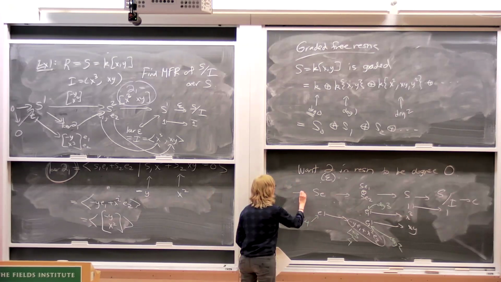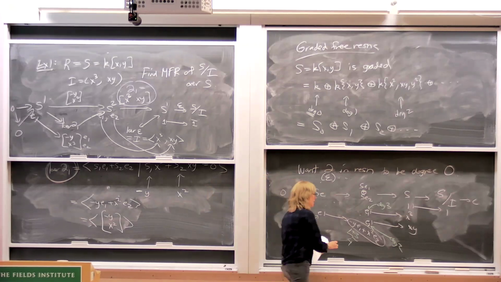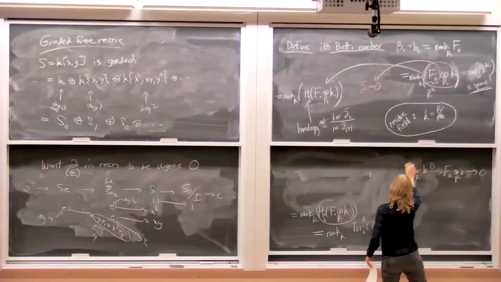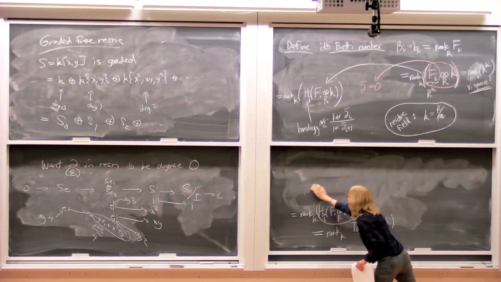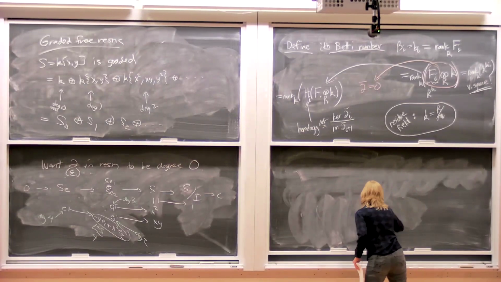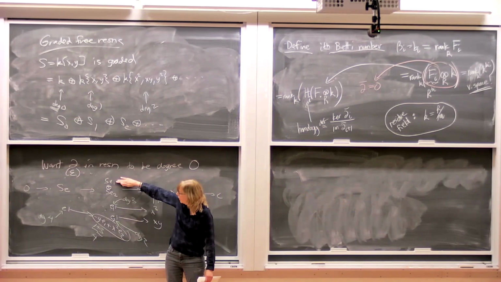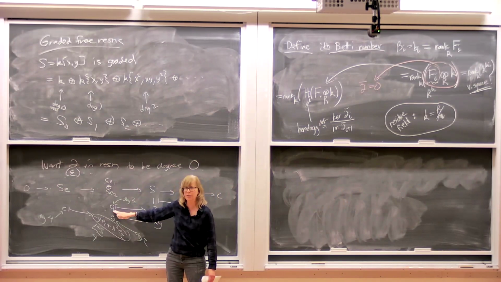Okay, goes to 0. And then I'll tell you this last thing and then I will stop. We rewrite that so this is like a free S module of rank 1, but it's sitting in a weird degree. The generator, the basis element E1, is sitting in degree 3.